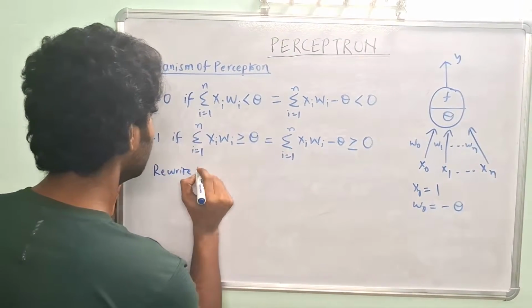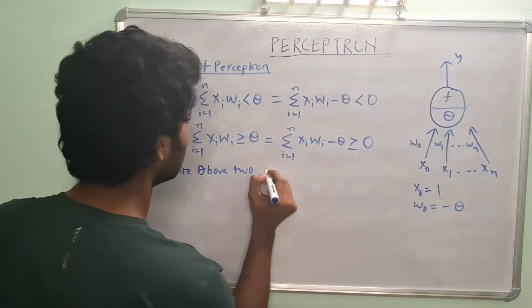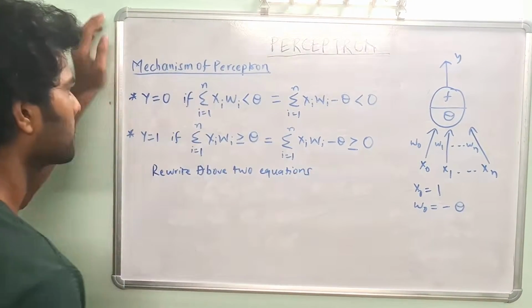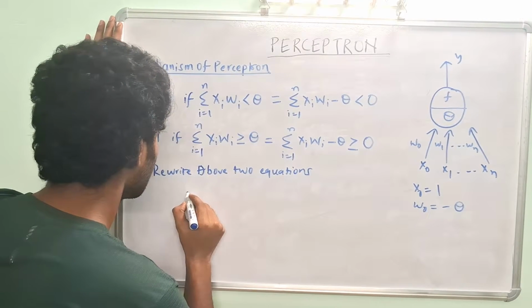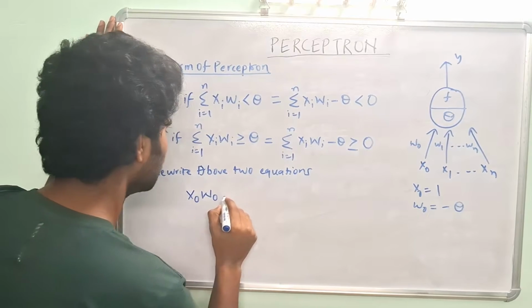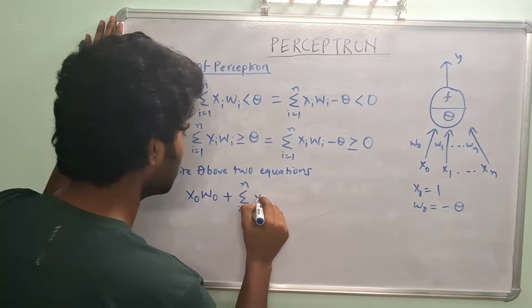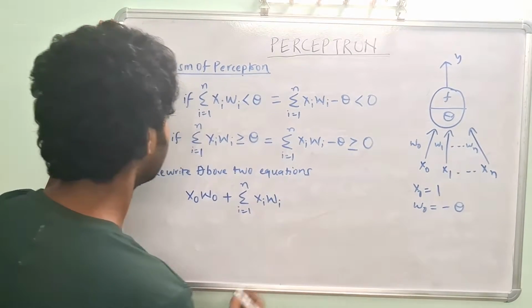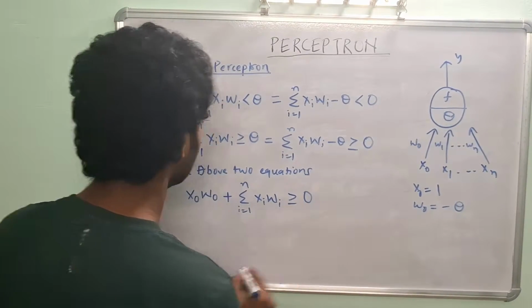Rewrite the above two equations. x naught w naught plus summation of i equals 1 to n of xi wi greater than or equal to 0.